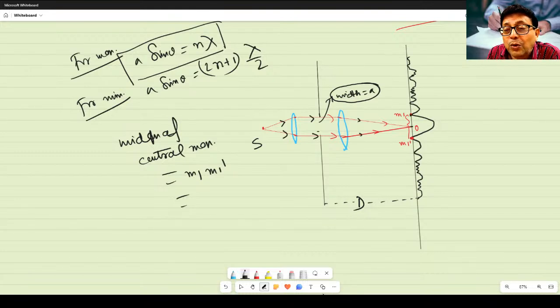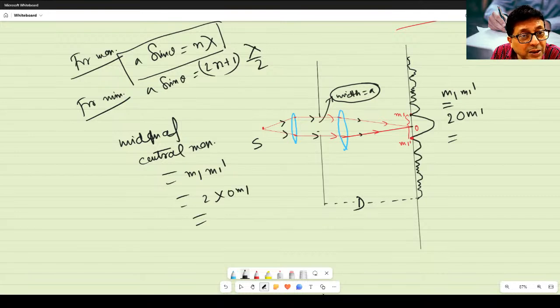That we know. What is the angular position of O? That you know, it is 0. So, it is symmetric. You find OM1 and then M1 M1 dashed is equal to 2 times OM1. So for M1 angular position will be enough, then make it double, 2 into OM1.